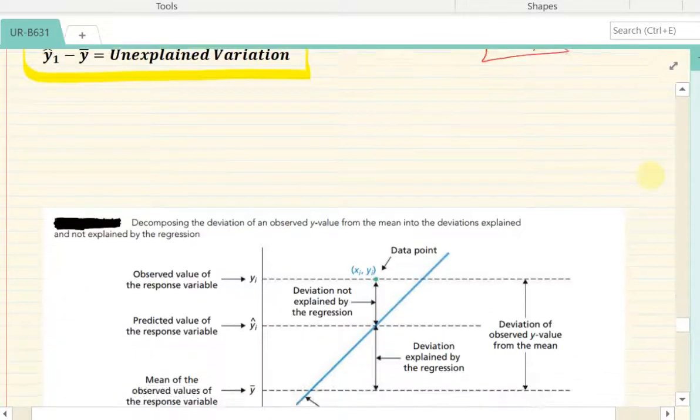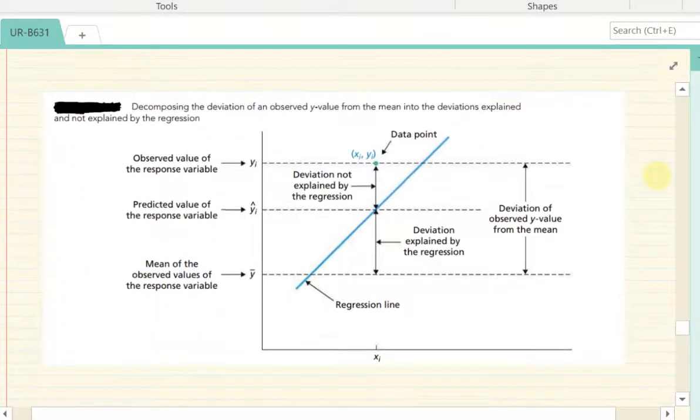Now let me show you this drawing that kind of brings it home based on what I just used my numerical example on. So for this one, what we're looking at is decomposition of the deviation of observed from the mean. Okay, observed value from its mean.